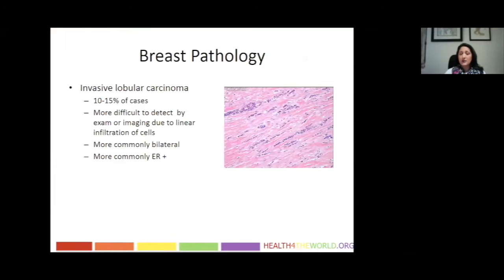Though a small percentage of the whole, it's generally harder to detect due to the single filing of the cells or this linear infiltration of cells. When it is found, the other breast should also be examined, as it has a propensity for bilateral involvement. And it's also more commonly ER positive, with the exception of one aggressive subtype of lobular cancer, which is known as pleomorphic lobular carcinoma.